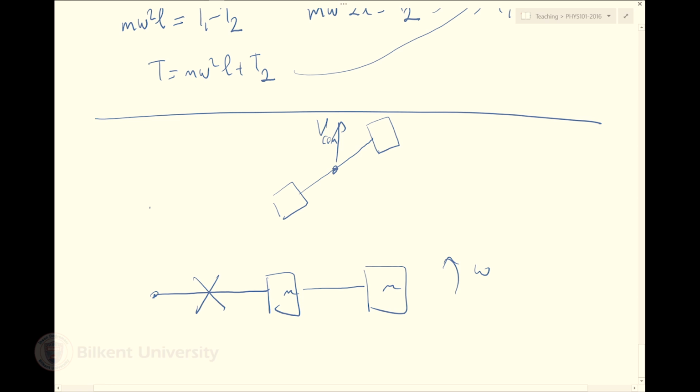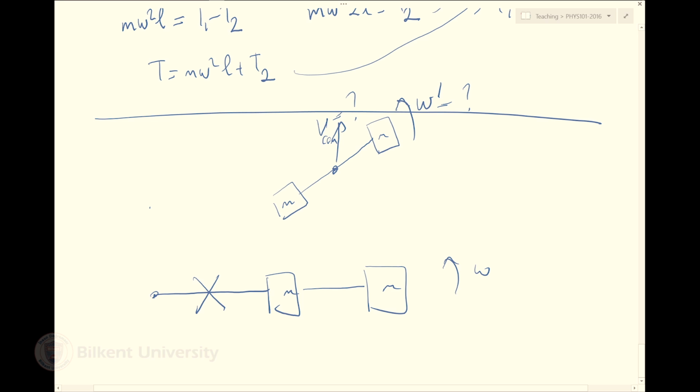There are no external forces, which means their total momentum will be conserved. What was total momentum? Total mass times velocity of the center of mass. But that's not it. They'll also keep rotating around the center of mass, right? With an angular frequency omega. So these are the two things we need to calculate. All right?